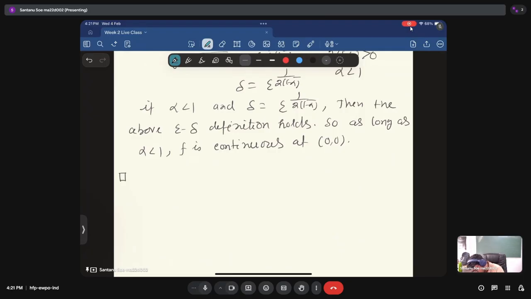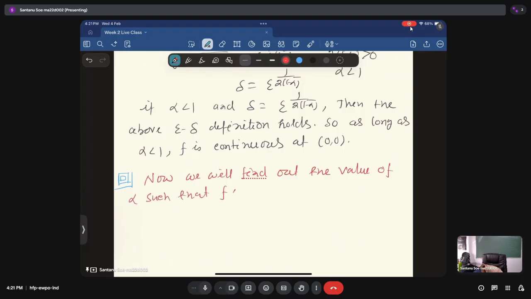So now we'll find out the values of alpha for which the function is differentiable at (0, 0).